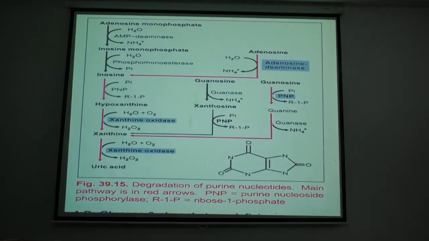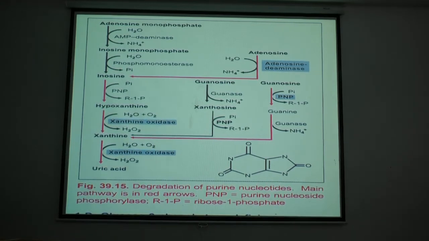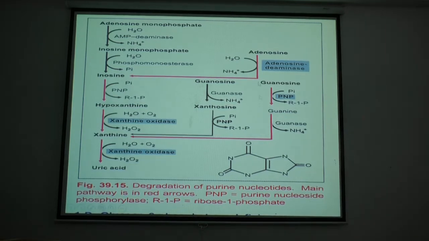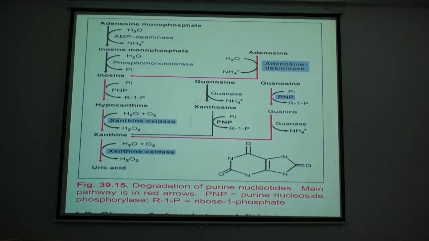Then guanosine can be converted directly to xanthine by the help of purine nucleoside phosphorylase and guanase. With purine nucleoside phosphorylase, ribose 1-phosphate will be removed, then guanine forms, and guanine converts into xanthine by deamination. The amine group will be removed. This reaction is very important. That is the synthesis of uric acid.